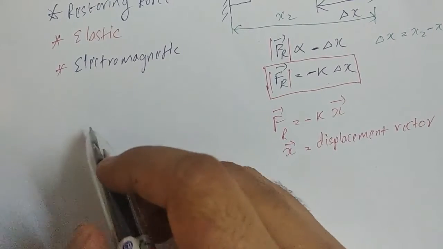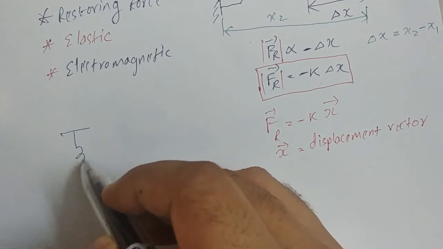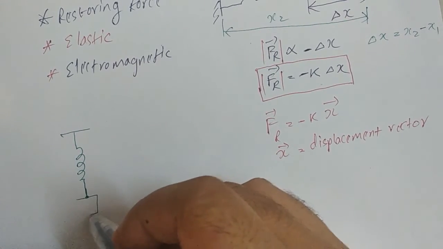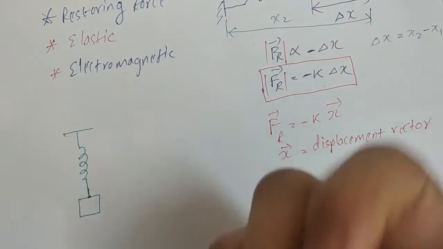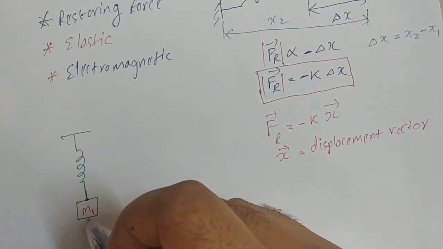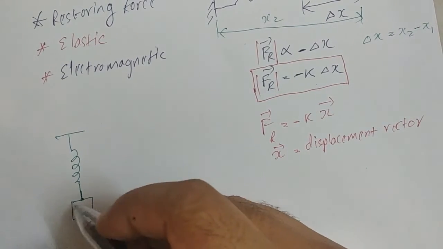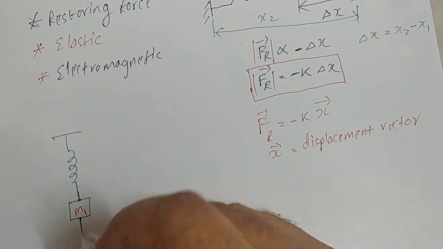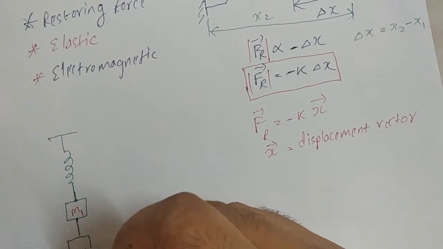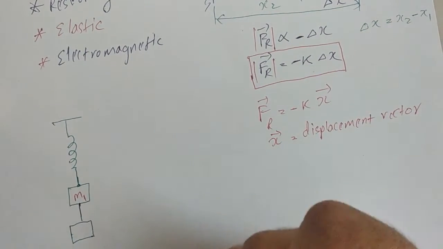Now let us take this case where we have a spring, and at the end of this spring there is a block, such that the mass of this block is m1, and also there is another spring connected at the bottom of this block, and another block is hanging by this spring, such that the mass of this block is m2.